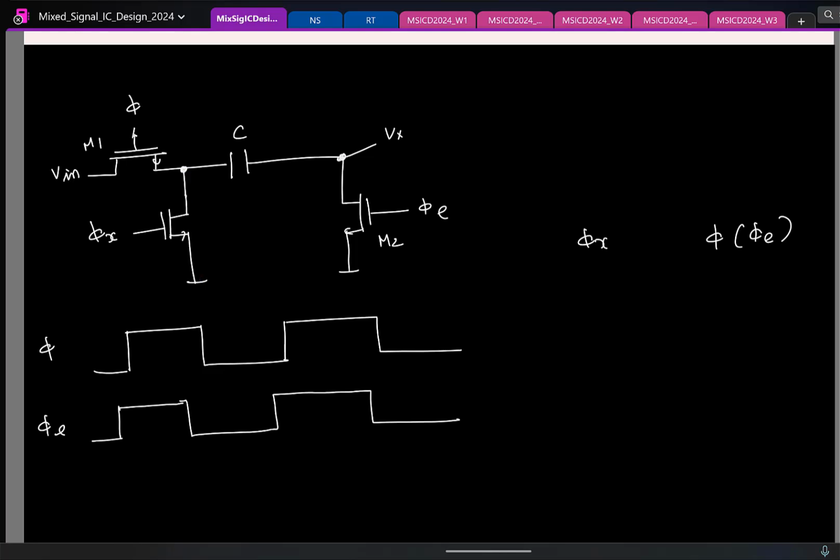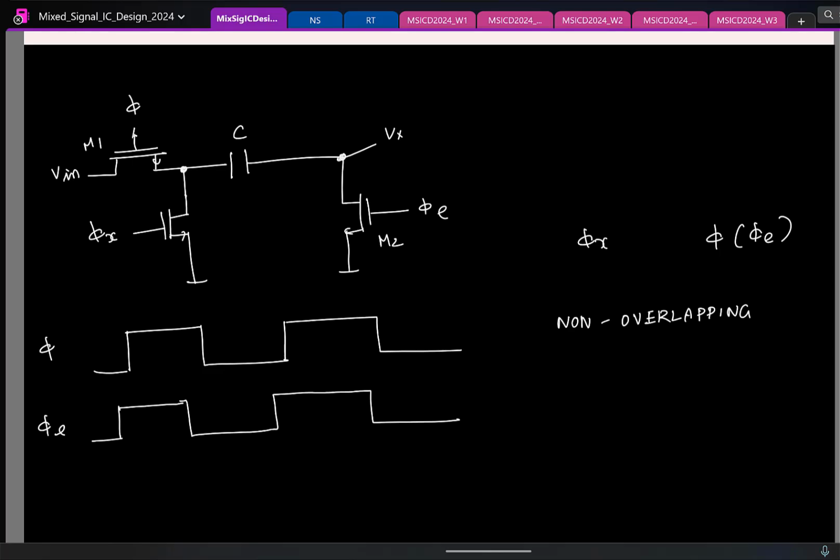These are two different operations, right? My circuit is operating in two modes. One is where I am trying to sample. The other phase is where I am trying to measure the sampled voltage, or process it. These are two different modes of operation, and I should not be doing both at the same time. So we should have non-overlapping clocks.